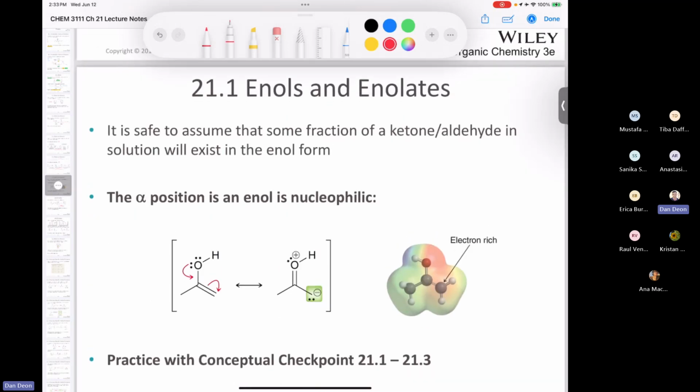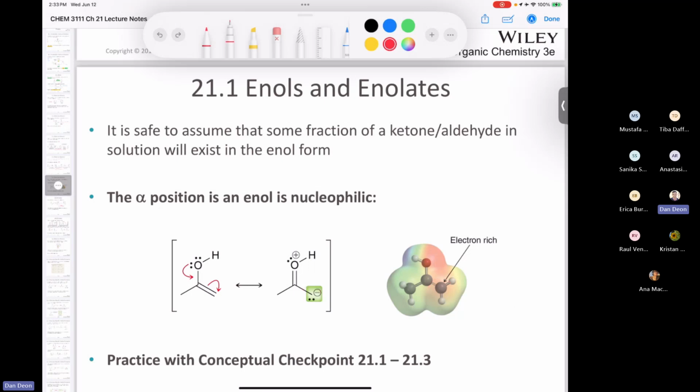If you go back to the whole idea of the enol, here's an enol drawn right here. It says it's safe to assume that some fraction of the ketone or aldehyde in solution will exist in the enol form. Even if it only exists a little bit in that form, take a look at the electrostatic potential map of the enol. Here's your enol, right? This is just a resonance form. There's nothing wrong with this resonance form whatsoever. But what you notice is that one of the carbons, and they're just showing this one here, happens to be electron rich.